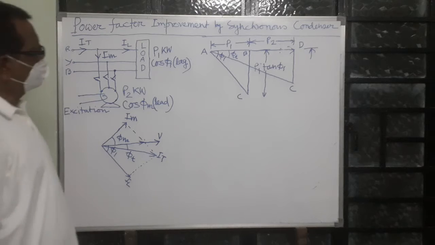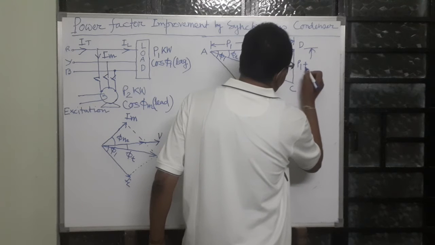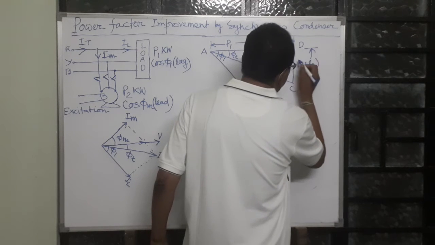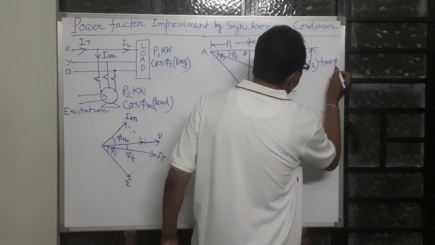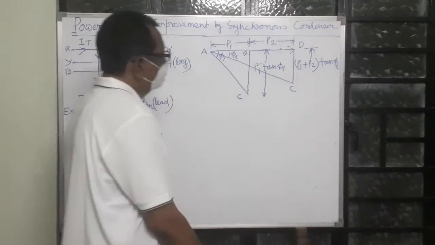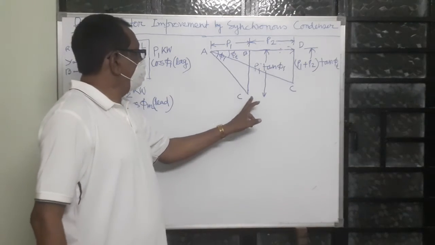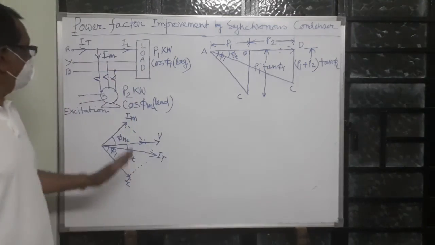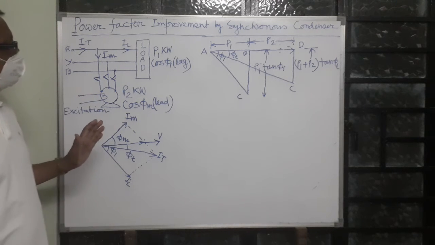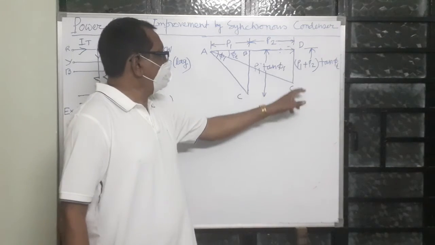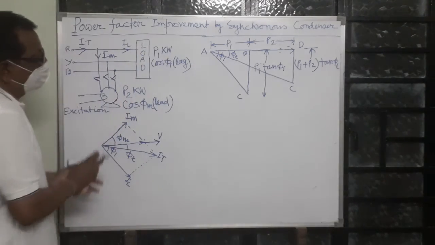So CD equals (P1 plus P2) tan phi t. DC is the reactive power before connecting the synchronous machine, and after connecting the synchronous machine, due to P1 and P2, CD is the net reactive power of the circuit.